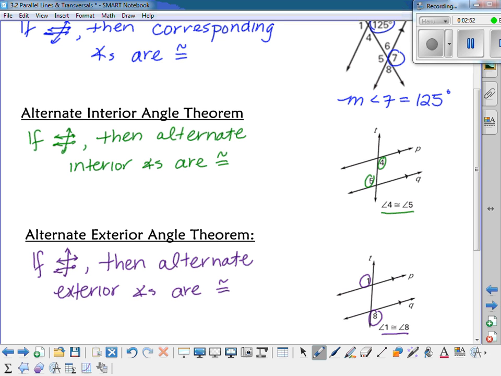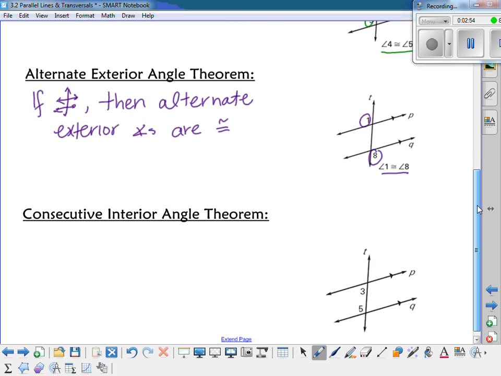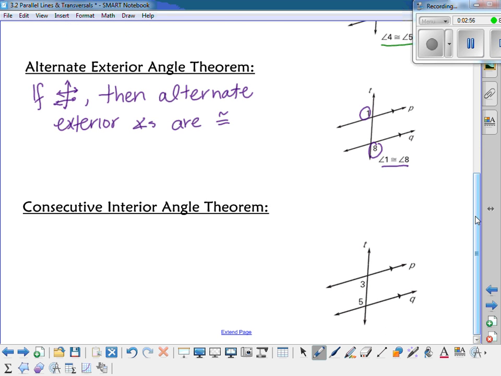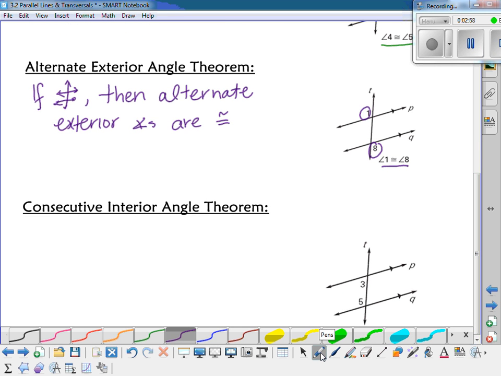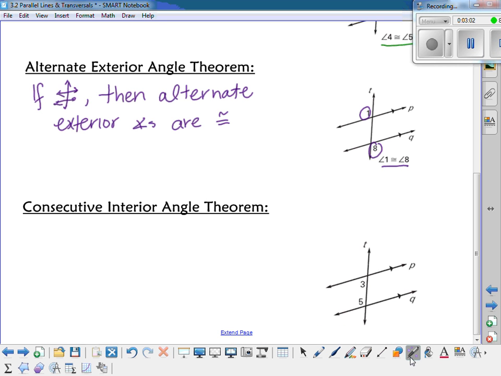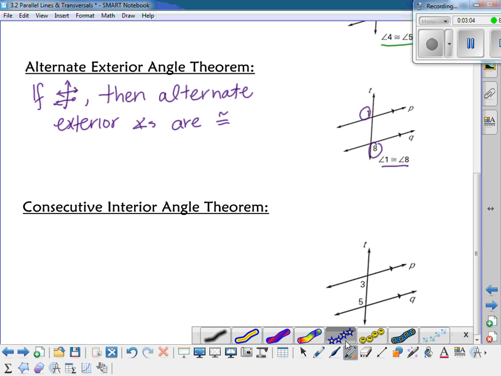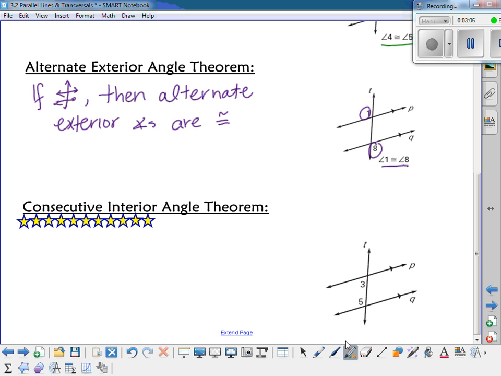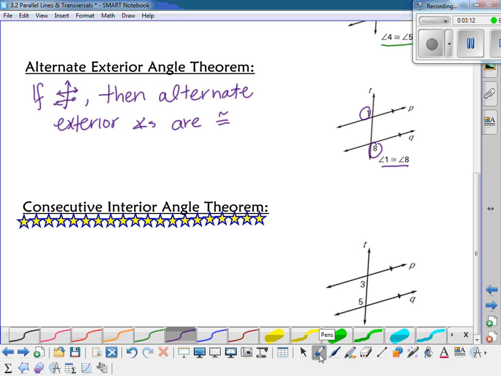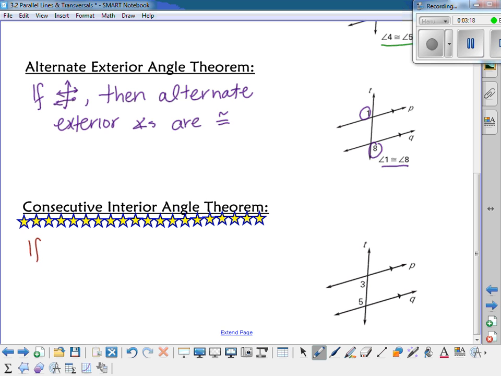The fourth theorem is the consecutive interior angle theorem. Okay, this one is special or different. So do something to remember that that one is different than the others, because if I have alternate interior angles, well, first of all, I have to have parallel lines cut by a transversal.